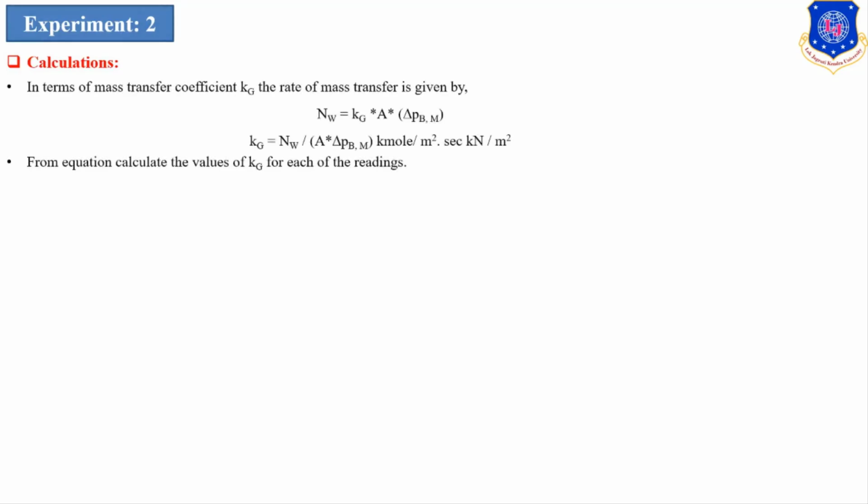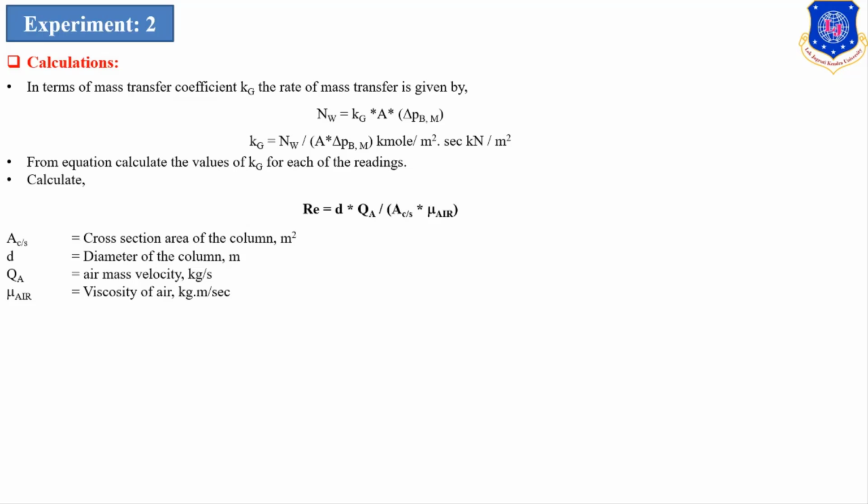Now in terms of the mass transfer coefficient kg, the rate of mass transfer will be given by NW equal to kg into A into delta PWM. So from this equation we can write kg as NW upon A into delta PWM, which is in kilomole per meter square second. From this equation we can calculate the value of kg for each reading.